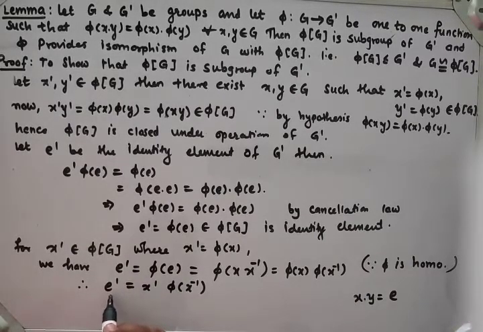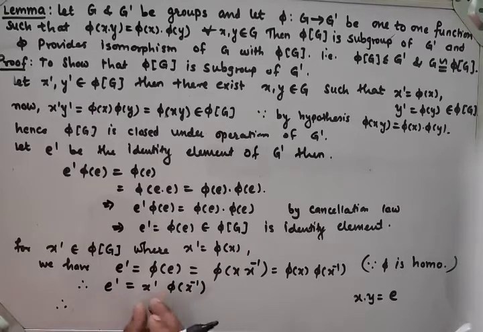Here identity is equal to x dash into phi of x inverse, which means these two elements are inverses of each other, so the inverse of x dash is phi of x inverse, or the inverse of phi of x inverse is x dash, right? So from these two conditions, the product of these two terms is identity.